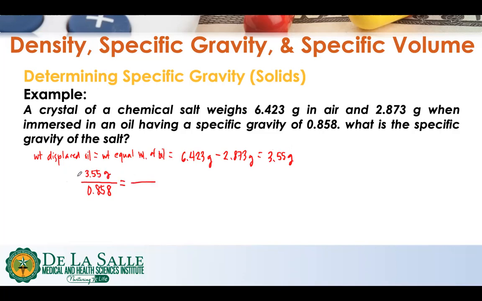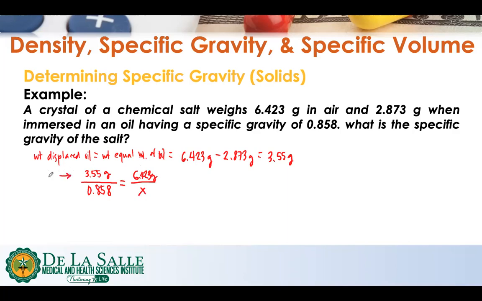Now, the oil with a weight of 3.55 grams has the same volume as a chemical salt that weighs 6.423 grams. We can determine the specific gravity of the chemical salt using ratio and proportion.